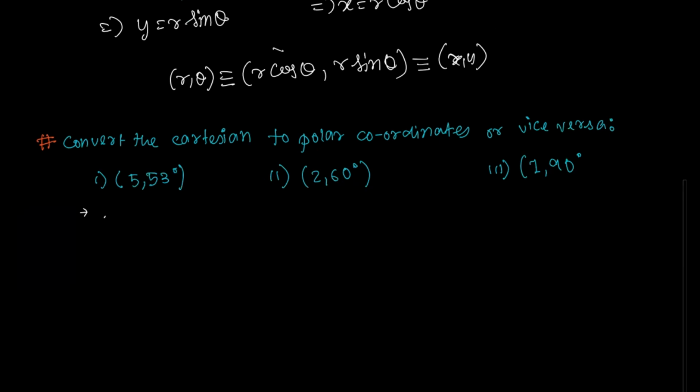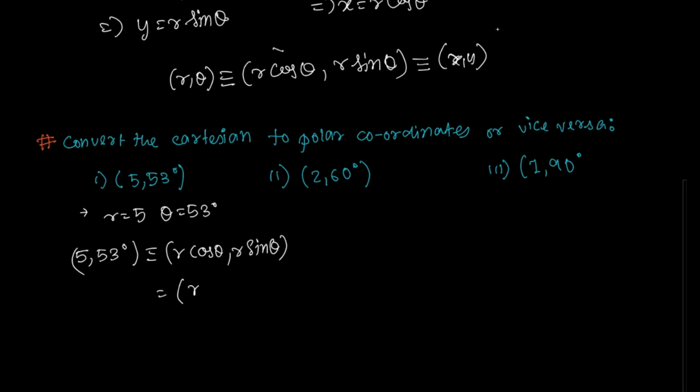Here r is 5 and theta is 53 degree. Therefore 5 comma 53 degree is equivalent to r cos theta comma r sin theta, which is 5 cos 53 degree.